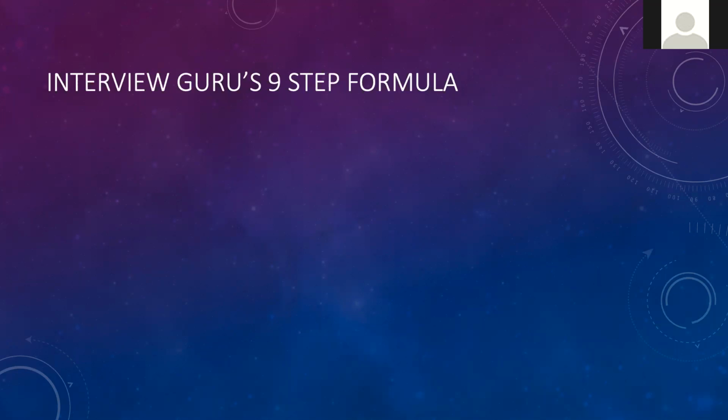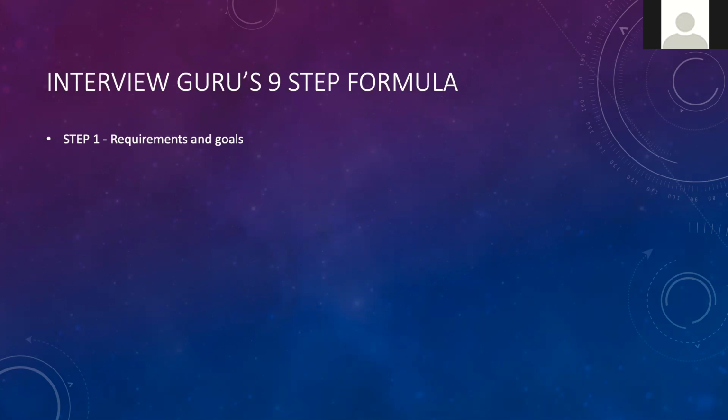These questions are by nature very vague and open-ended, and it's up to you to structure this and put a framework around it so that the result you present to your interviewer is a coherent story that shows the depth of your understanding on this particular topic. Okay, so what is this 9-step formula?